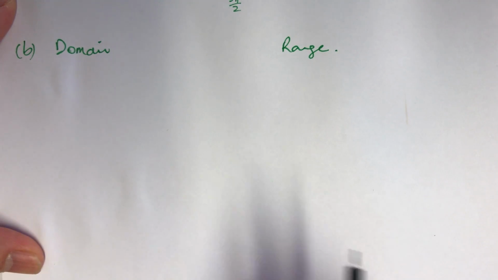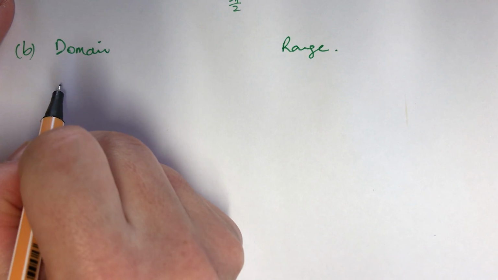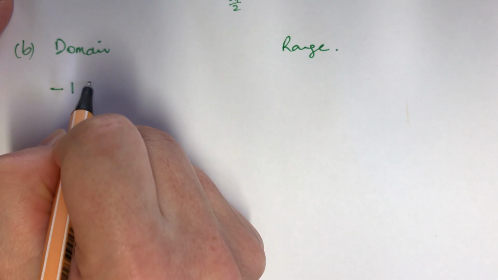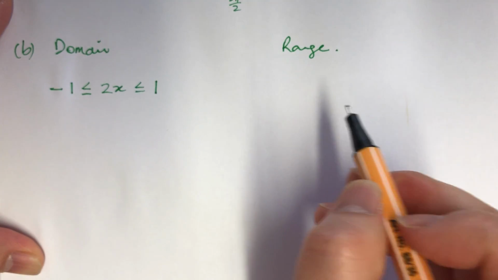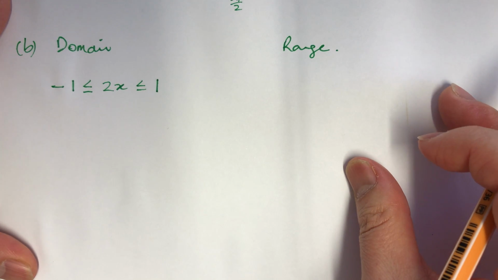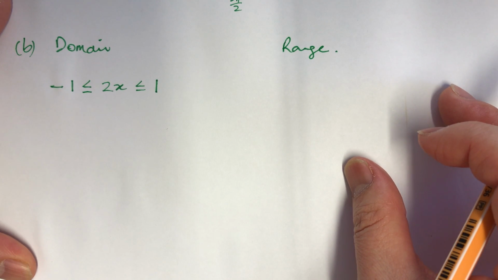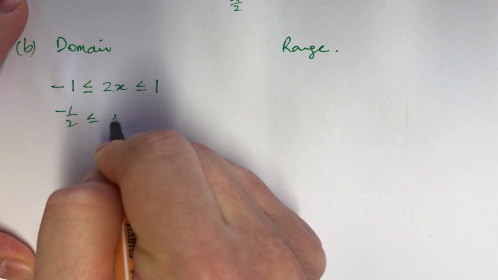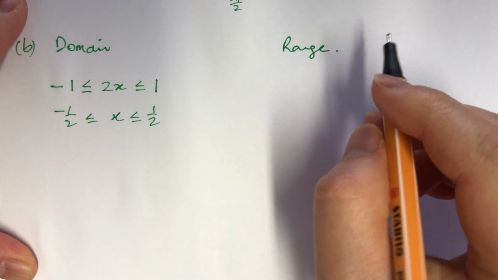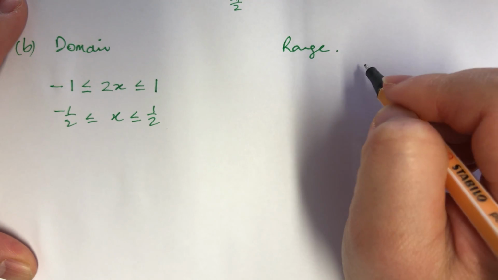So let's have a look. For the domain, I'm going to use the same, minus a half to a half, because the equation was y equals 3 inverse cos 2x, so it'll be the same.